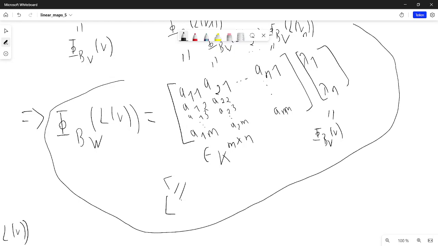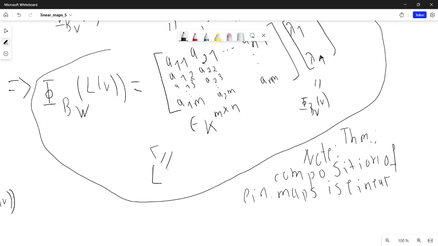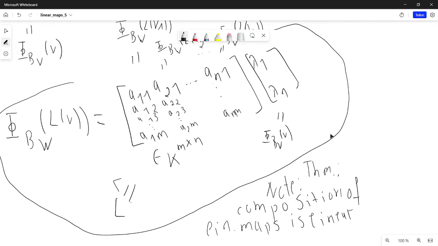And I should note something: a theorem on composition. You could prove it yourself, but okay, I'll prove it for you. Composition of linear maps is linear, plus, well, whatever.